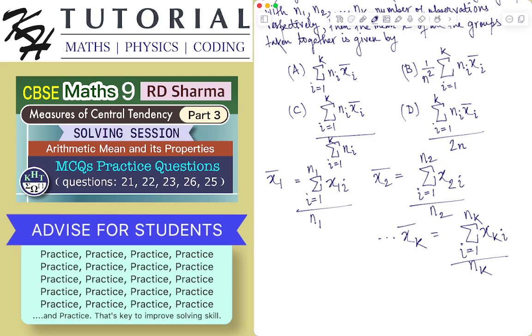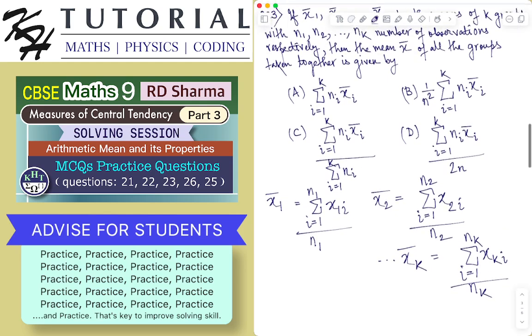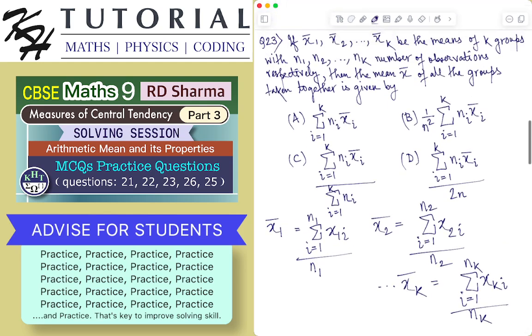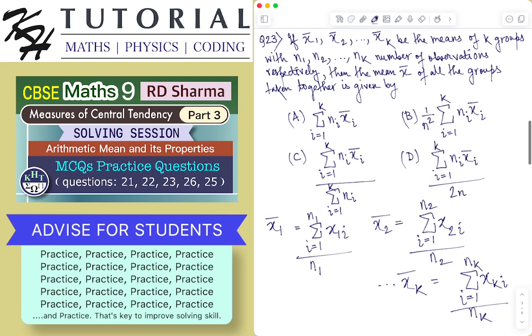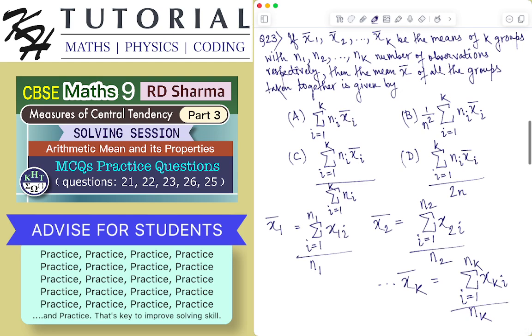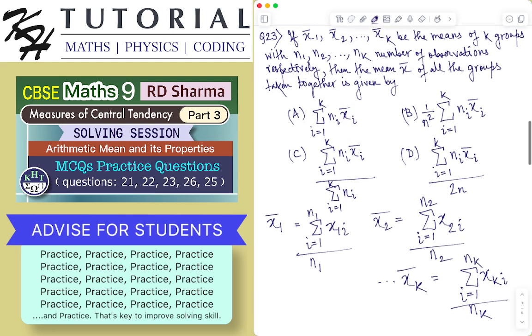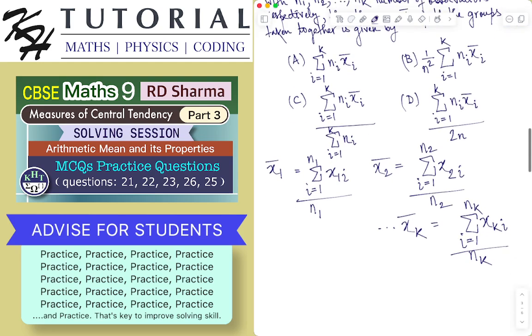Now we have to find the mean if you combine the observations of all the groups. For that I need to find the sum of all the observations in all the k groups. Let's say I am calling S the sum of all the observations from all the groups.